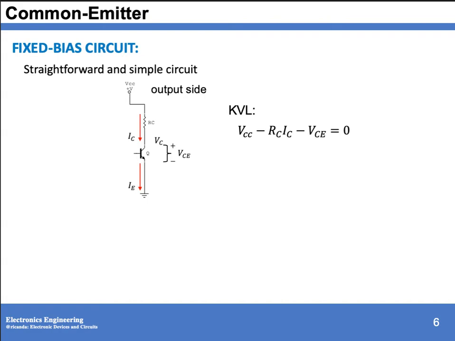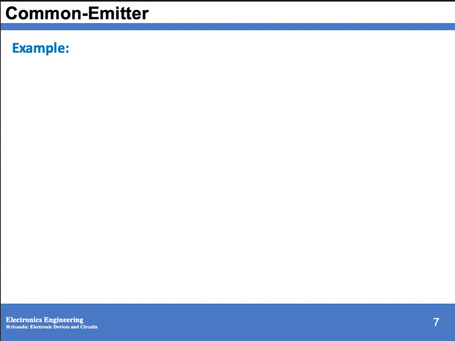We know already the value of your IC in our previous slide. So therefore, we can solve for your VCE, that is equivalent to VCC minus RC IC. And solving for your VC, it is equivalent to your VCC minus the voltage drop across RC, or VC is equivalent to your VCE.